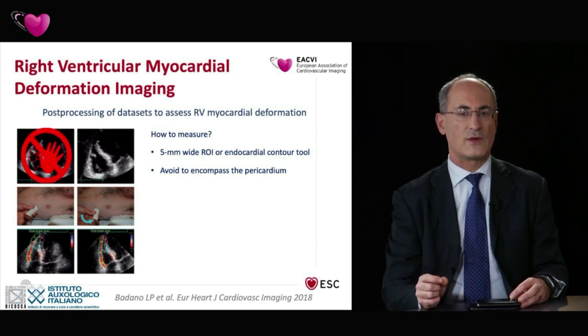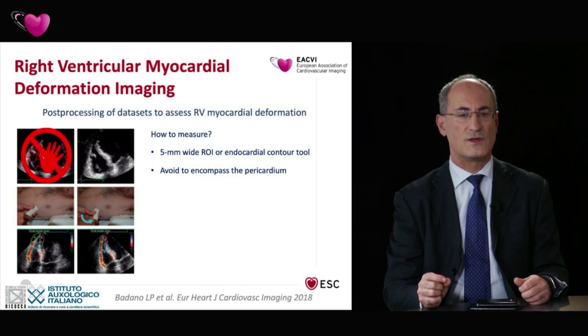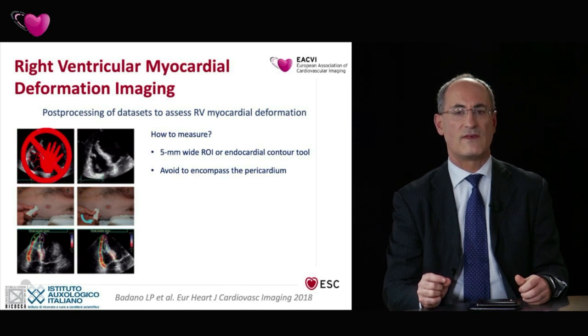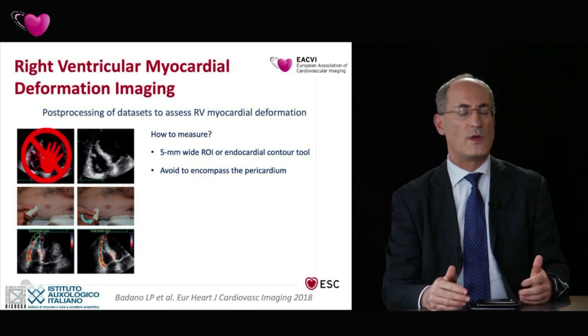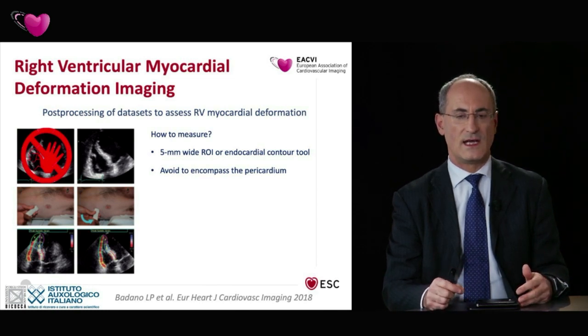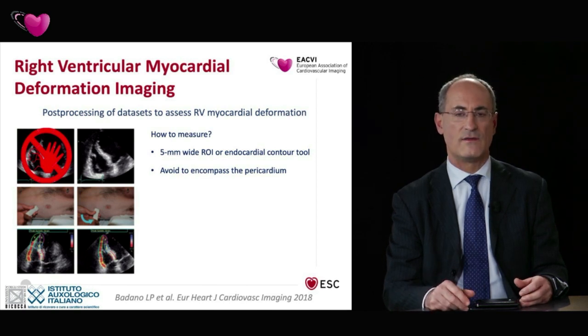Then we have to take into account that the right ventricular free wall is really thin, so the region of interest should be small, no more than 5 millimeters, or if your software package has a dedicated endocardial contour tool, you can just use that, because we don't measure the radial strain due to the thinness of the wall.